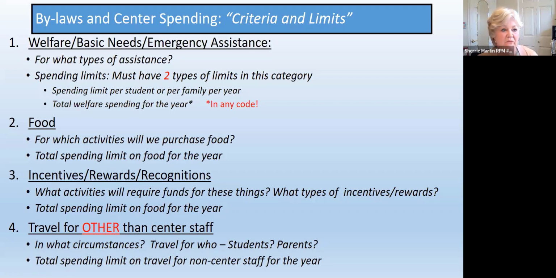Students, maybe FRISK sponsored field trips, YSC sponsored college visits, FRC sponsored trips to a local museum, or is it travel transportation for parents, cab vouchers, or bus tokens, or other types of travel or transportation that you might provide for parents to get to school functions or critical appointments. And that's the criteria. So of course, you need a dollar limit as well. So that's your total annual spending limit on travel for non-center staff.